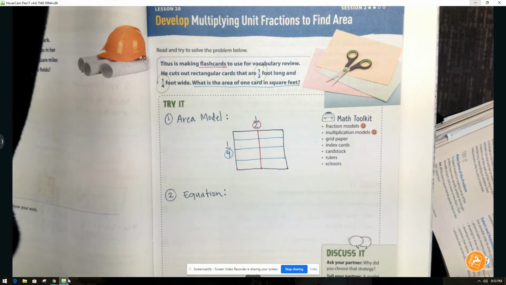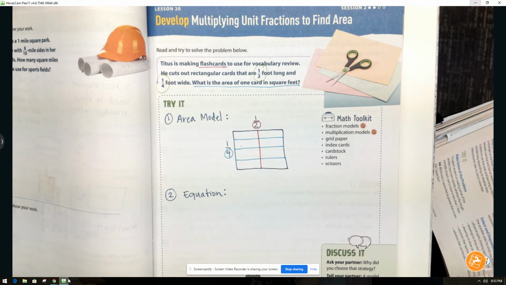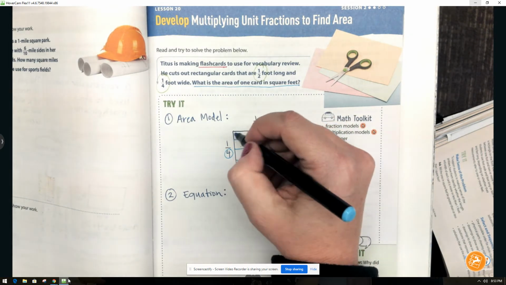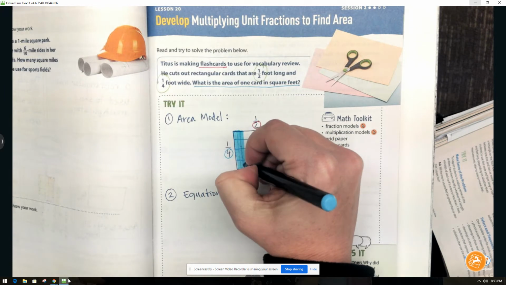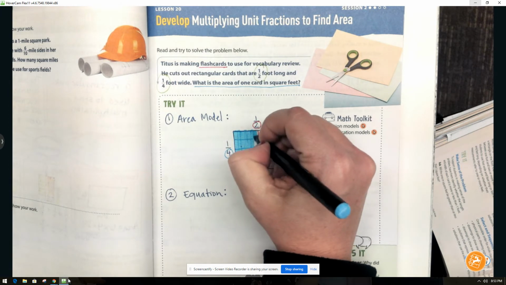Now what you do is you go to the numerator, and the numerator tells you how many sections you're going to shade in. So in this case, our numerator is 1. So I am going to shade in one column. And remember, columns go up and down, rows go side to side.